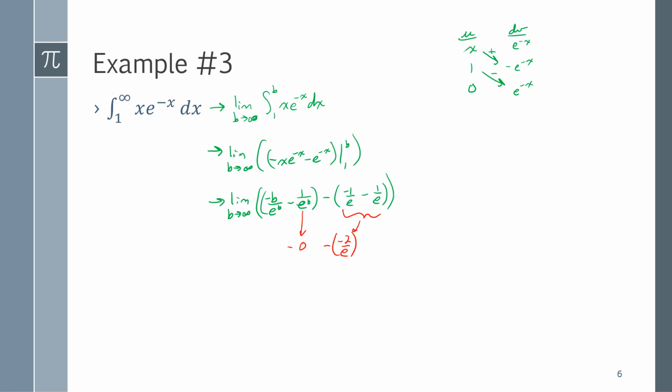For negative b over e to the b, as b is going to infinity, this is going to negative infinity, and this is going to infinity, which means I can do L'Hopital's rule. And I get the limit as b is going to infinity of negative 1 over e to the b, which I already said is going towards 0. So all of this together, I get 2 over e. And that is what my integral is converging to.